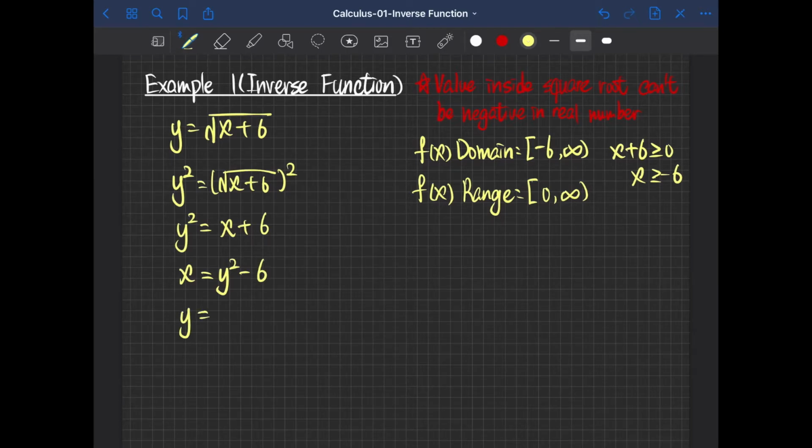Finally, we'll exchange the x and y variables. So here is the reason why we don't use x equals f(y), because we are familiar with using x as the independent variable and y as the dependent variable. So the inverse function of square root of x plus 6 is f^-1 of x equals x squared minus 6.